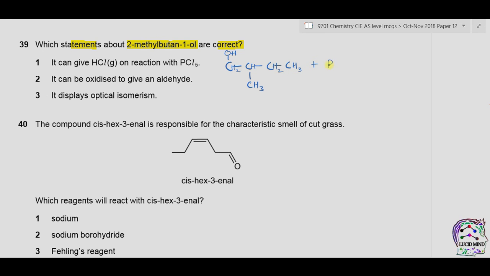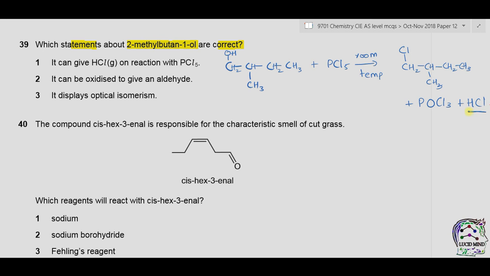Upon reaction with PCl5 at room temperature, what happens is that OH is replaced by Cl, along with POCl3 and HCl.